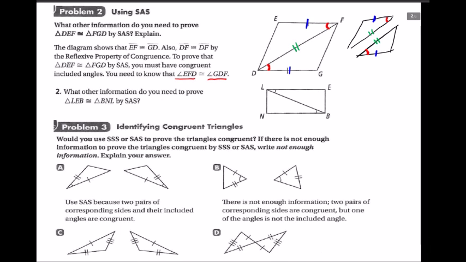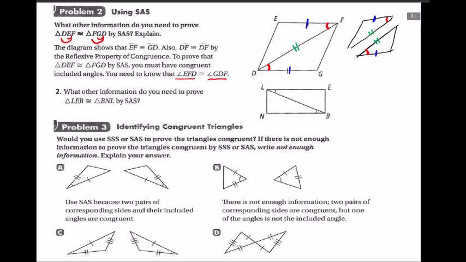Now take a look at our congruence statement. E, F, and back to D, G, D, and back to F. Of course, those are the angles that we need. Right? Those are the same position in our congruence statement.